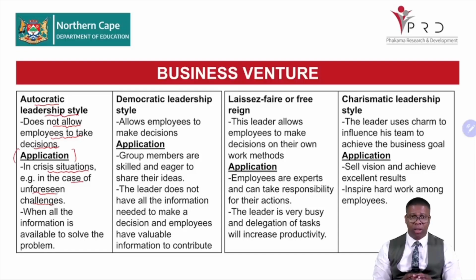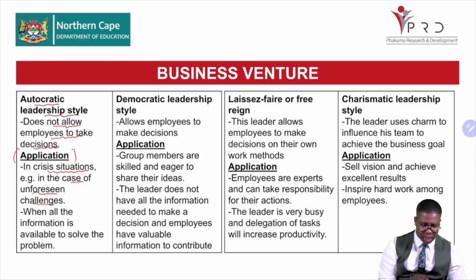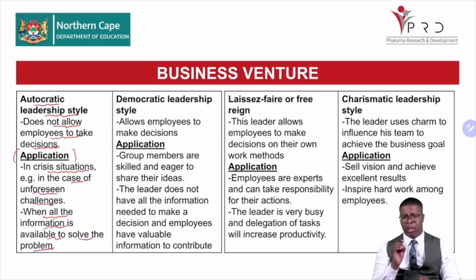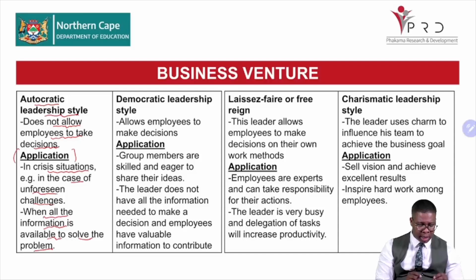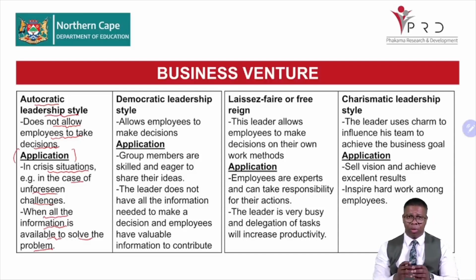So we use the autocratic leadership style, so that they could save time and deal with the crisis fast. And again, we use the autocratic leadership style when all information is available to solve the problem. So those are two situations. In a crisis, a leader can use autocratic. When information is available to make all decisions, the leader can use autocratic.